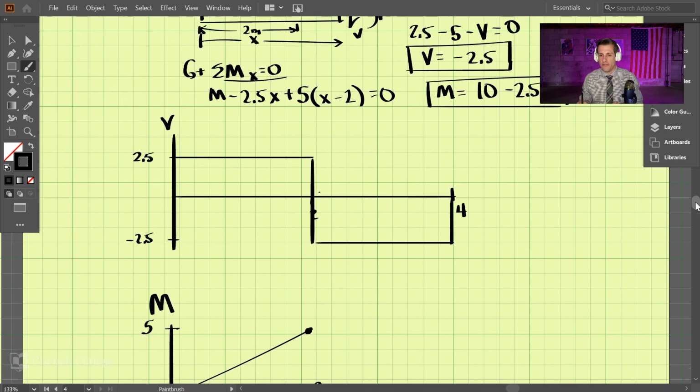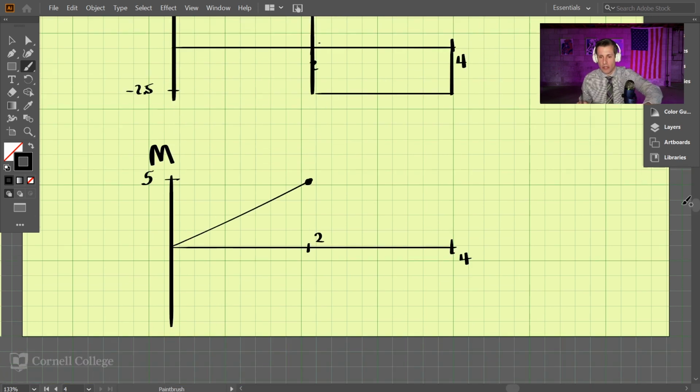And then at the value of 4, 2.5 times 4 turns out to be 10. So we have 10 minus 10, and that's 0. So it goes from 5 down to 0. If I could draw that. Okay, so that is our moment diagram.